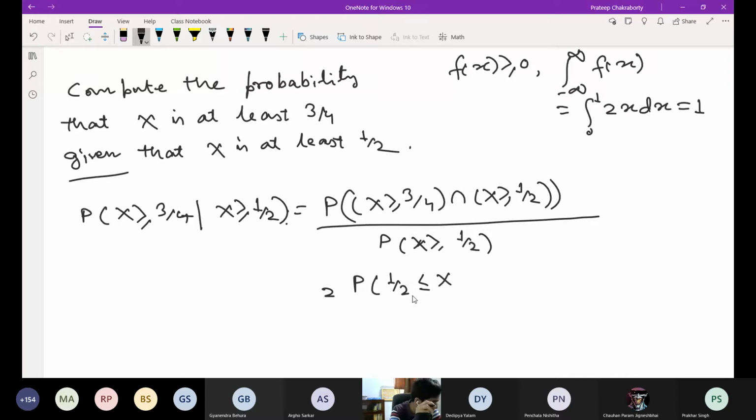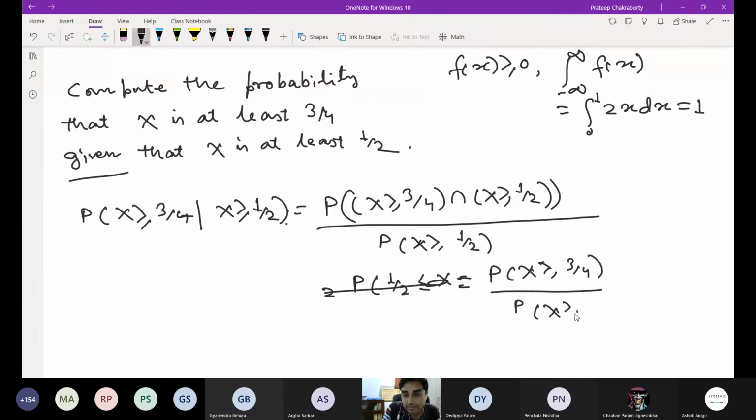Yes, it should be 3/4 to 1. Yeah, this should be 3/4. So I made this mistake. So this is P of x ≥ 3/4; probably I copied the problem from the book in some wrong way. That's why I converted this to x ≥ 1/2.